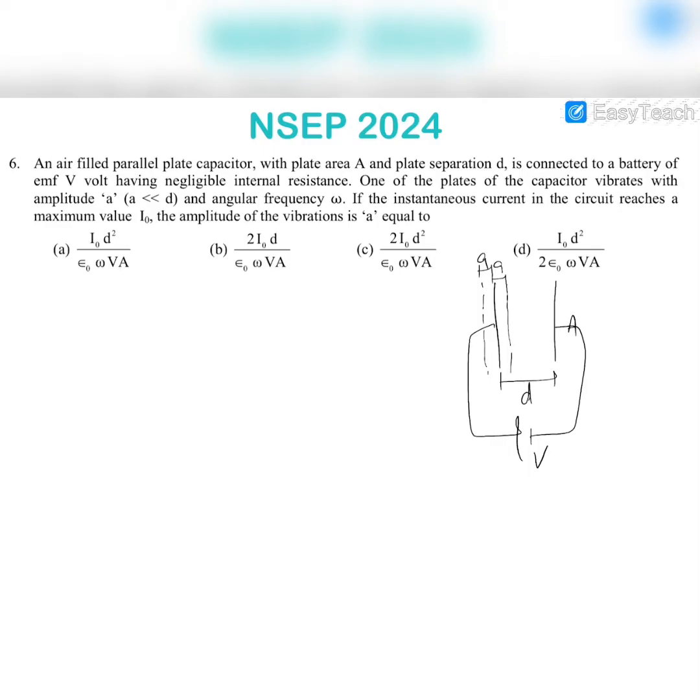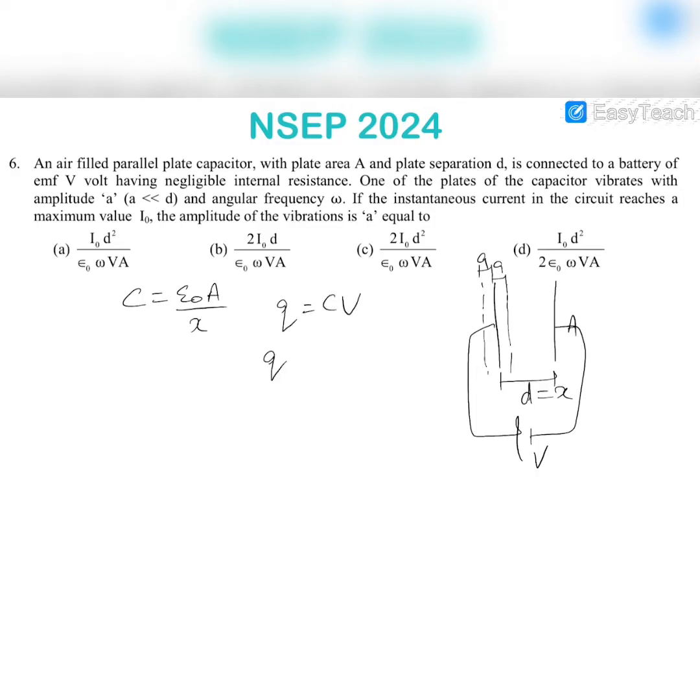This is A and this is A, with the angular frequency omega. So we have to find the instantaneous current, which is given to reach a maximum value of I naught. So we have to find the amplitude of vibration A in terms of the current. We know that C is equal to epsilon naught A by D, and let us suppose that this is X, and obviously Q is equal to CV.